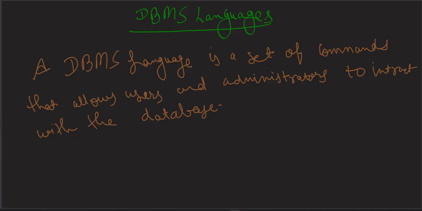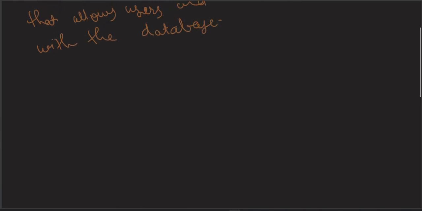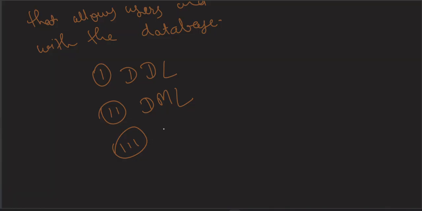So there are mainly four types of languages, which are DDL, the second one is DML, the third one is DCL, and the fourth one is TCL.